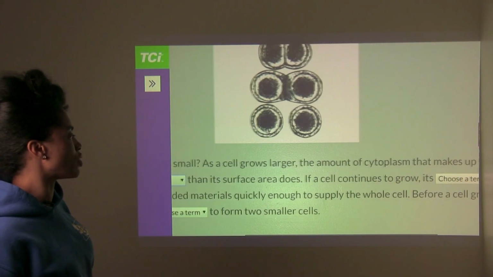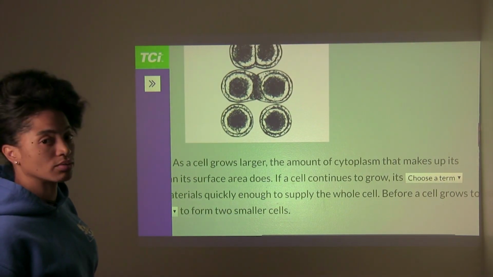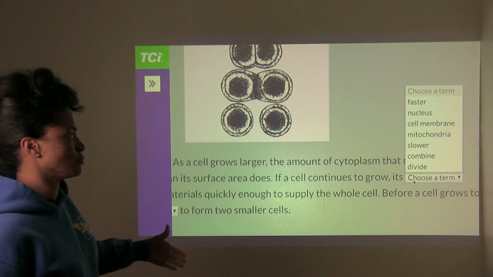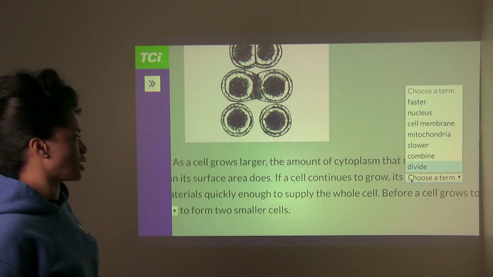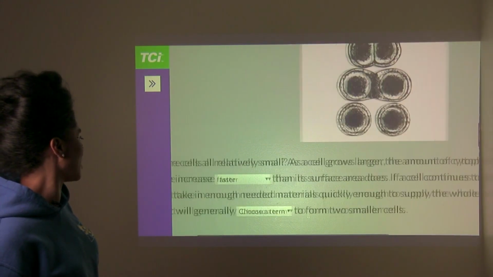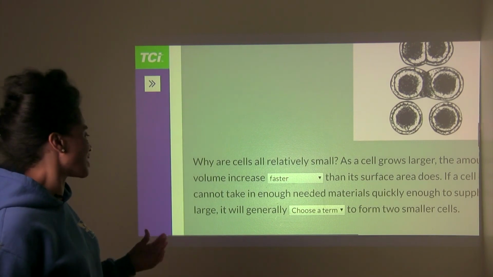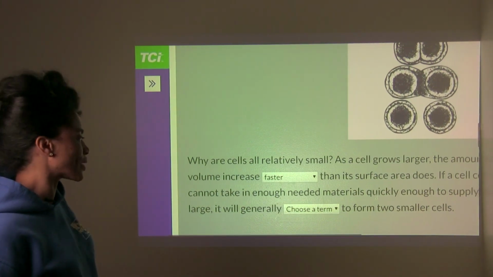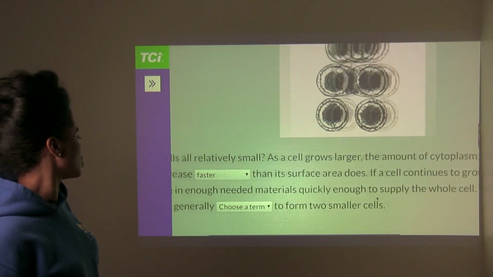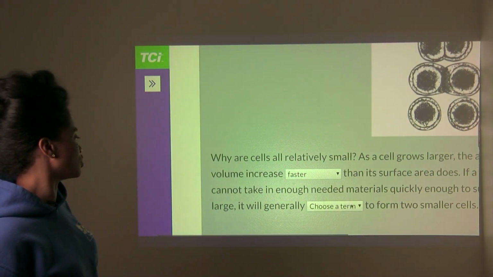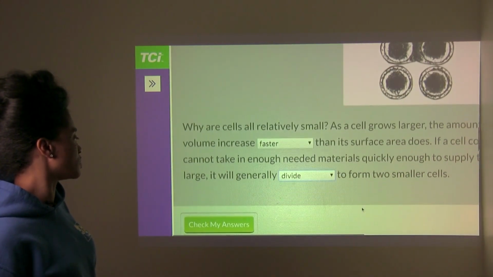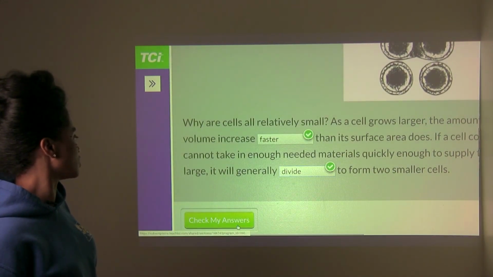If a cell continues to grow, its cell membrane cannot take in enough needed materials quickly enough to supply the whole cell. Before a cell grows too large, it will generally divide to form two smaller cells.